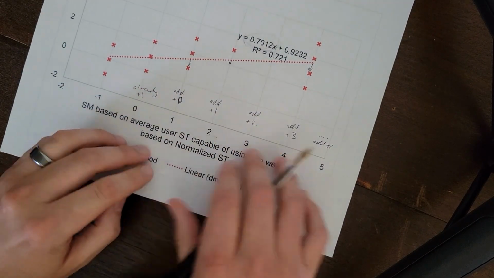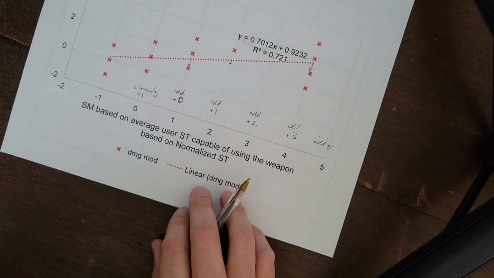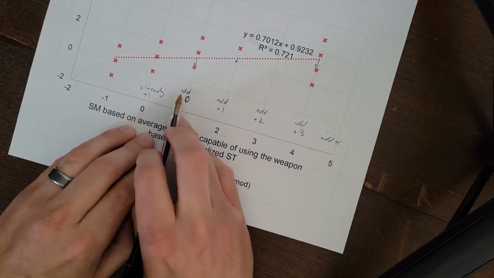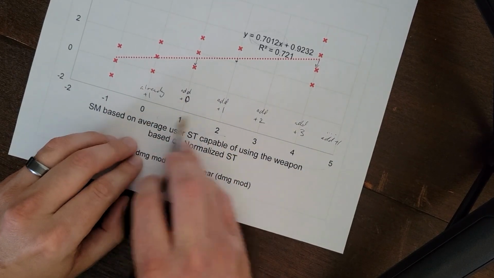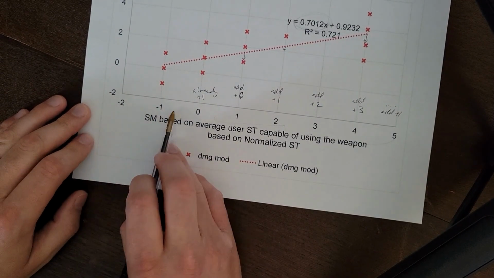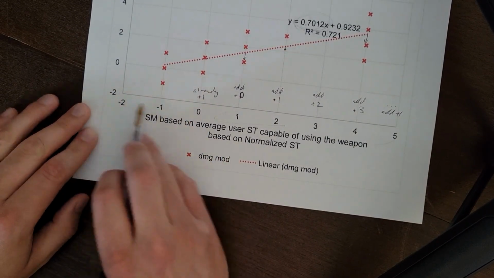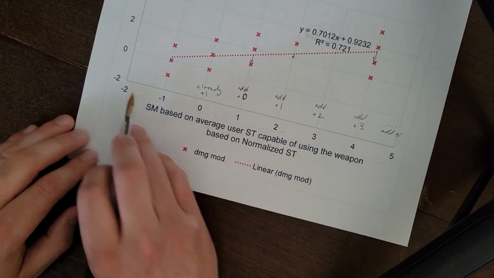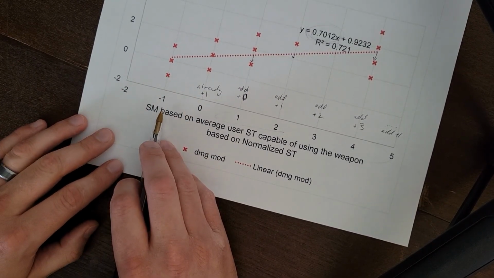But we can get kind of close to this general idea just by applying the size modifier, or apply the size modifier minus 1 if it's greater than 0, or if it's less than 0, you just straight up apply the size modifier down here.